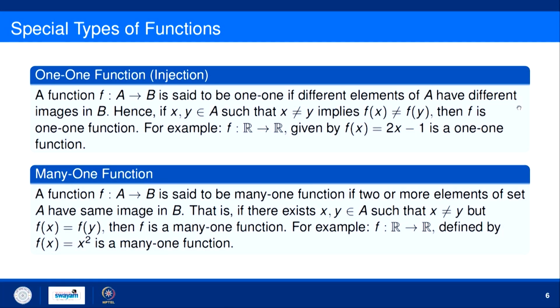elements of A have different images in B. Hence, if x y belongs to A such that x not equal to y implies f x not equal to f y, then f is called 1 1 function. So, what do you mean by 1 1 function? If you are having a function from A to B, suppose if you are having different x in A and those x have different image in B, and it is true for every different x y in A, then we say the function is a 1 1 function.